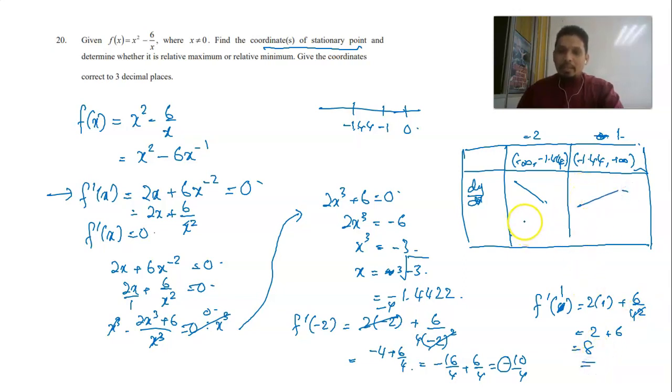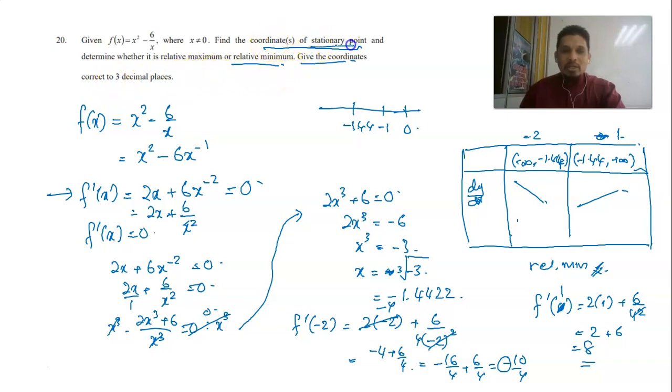So then the conclusion: the gradient is decreased, and then the gradient increases, so this is a relative minimum. According to the question, whether it's a relative maximum or minimum, give the coordinates correct to 3 decimal places.